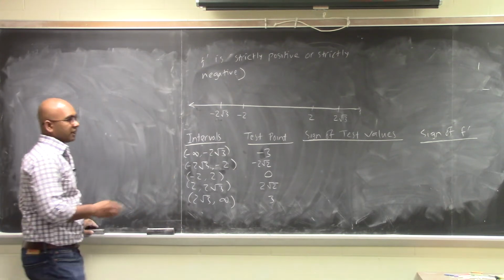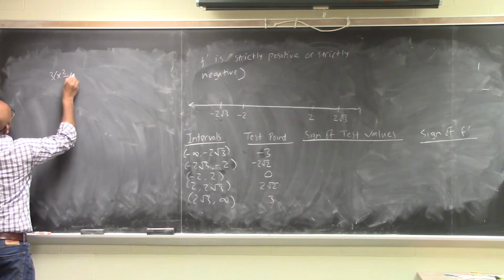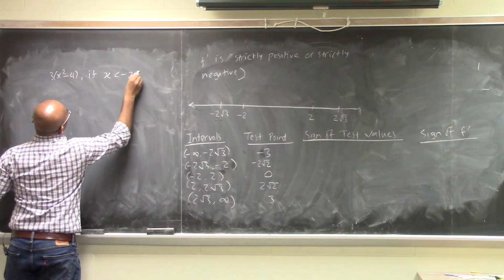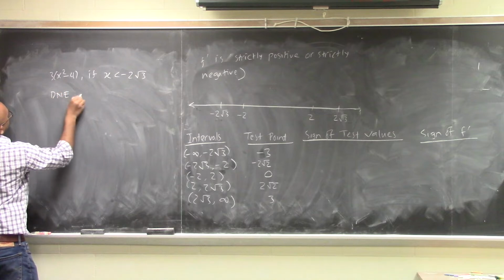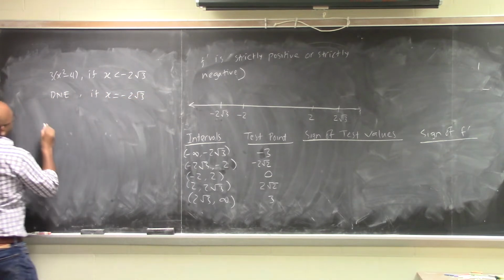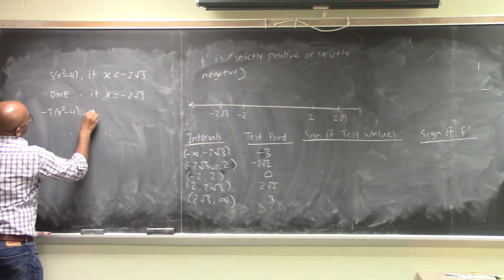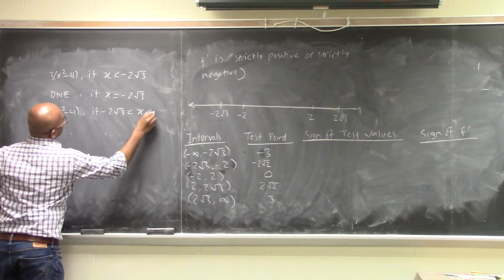I hope I will remember that correctly. So this is 3 times x square minus 4 if x is less than negative 2 root 3. It is d and e if x equals negative 2 root 3. It is negative 3 times x square minus 4 if x is between negative 2 root 3 and 2 root 3.